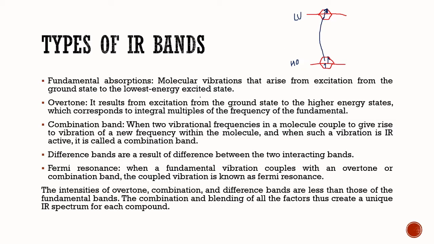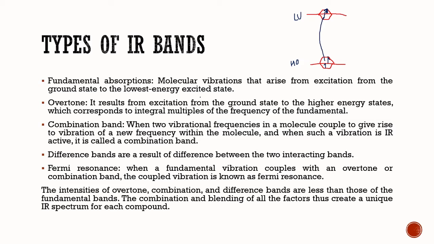In combination bands, two vibrational frequencies combine to form a new frequency, whereas in difference bands, there is a difference between two vibrational frequencies and a new frequency is generated.